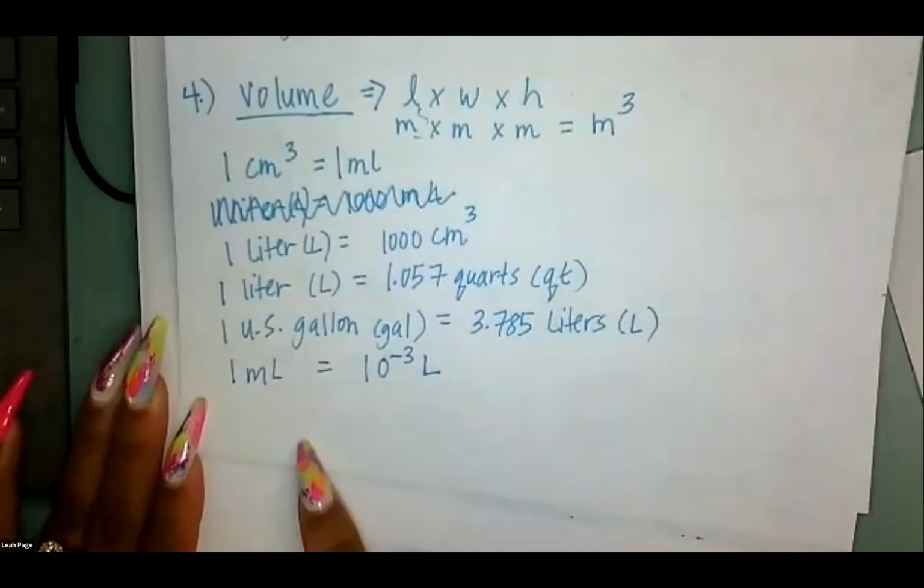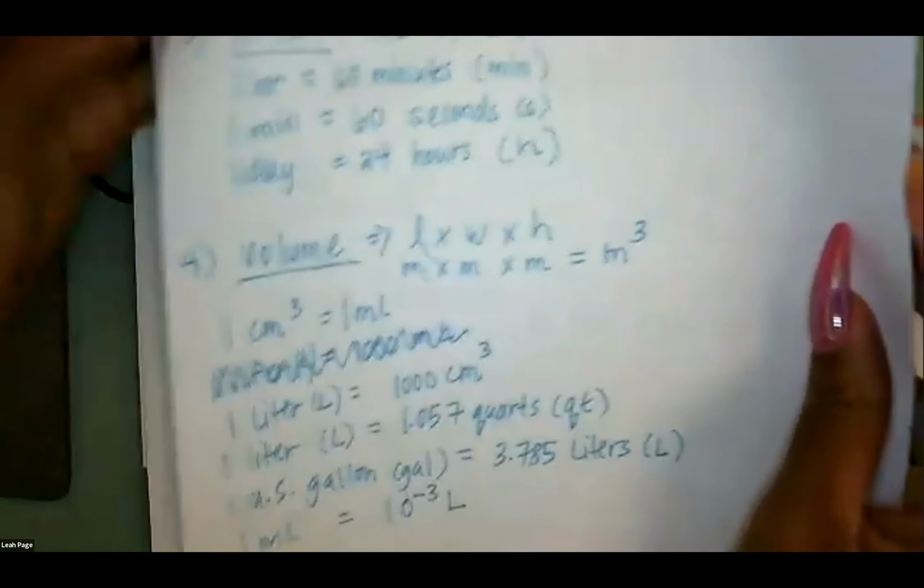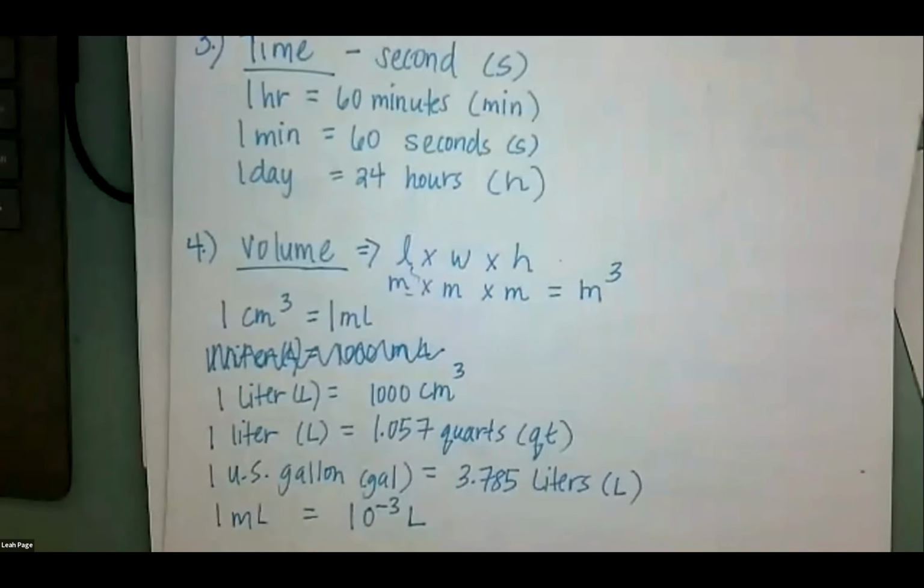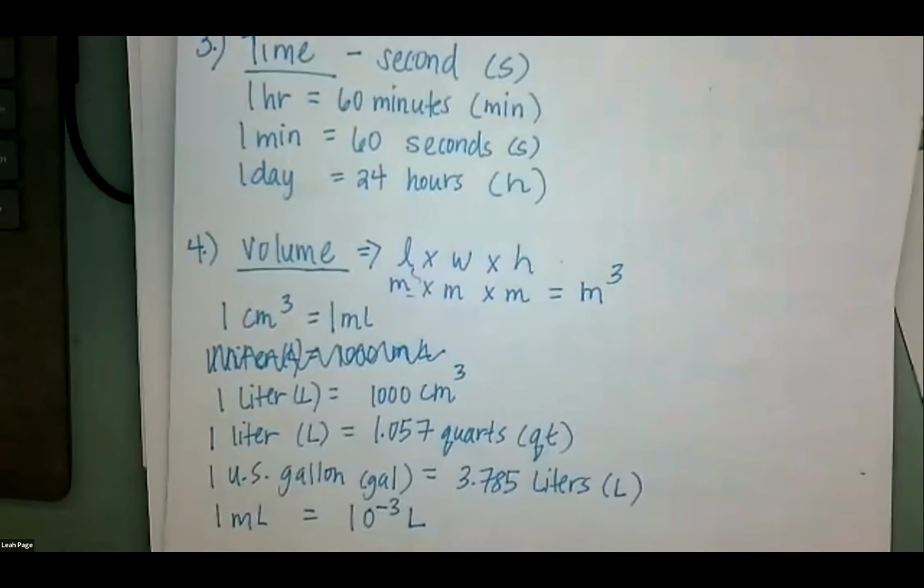Gallon. Think about a gallon of milk, if you have milk in your house, or even a quart or a half gallon, all those things in your refrigerator, that's giving you the volume of that container. Every bottle that you get from the grocery store has the volume on it. And it'll either be in quarts or gallons or milliliters or liters.